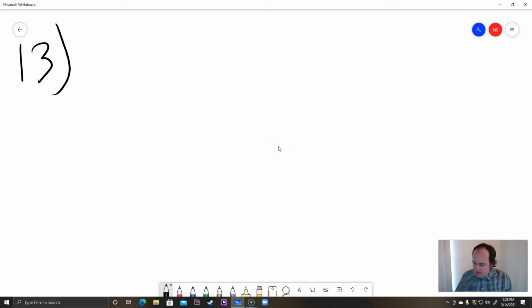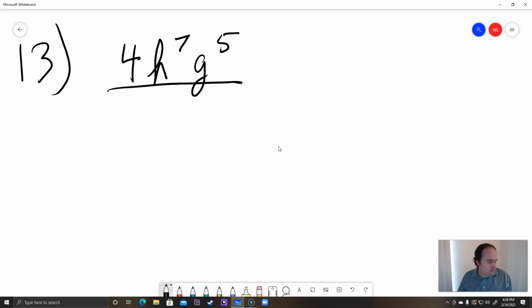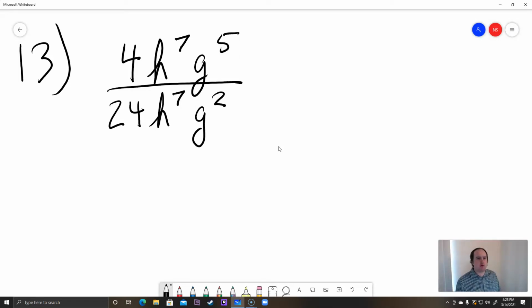For this one we have 4 h to the 7 g to the 5 all over 24 h to the 7 g squared.